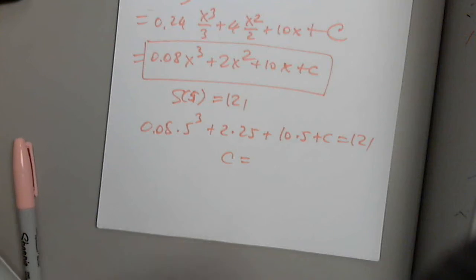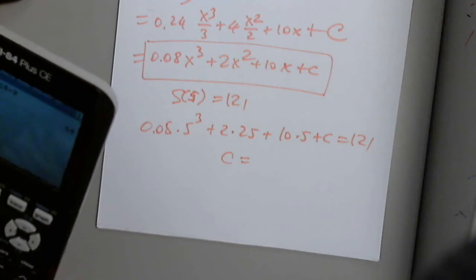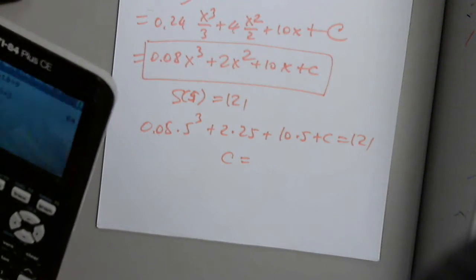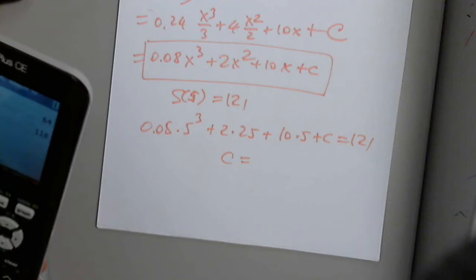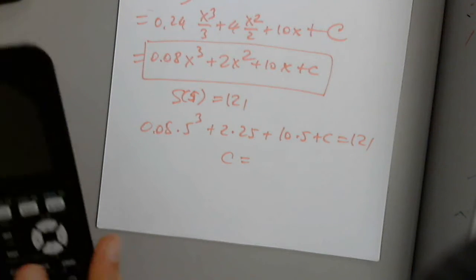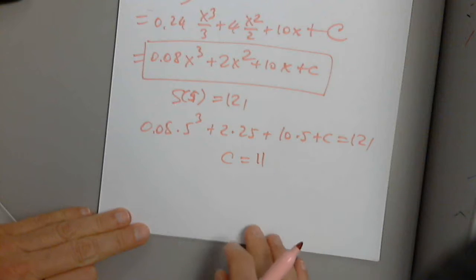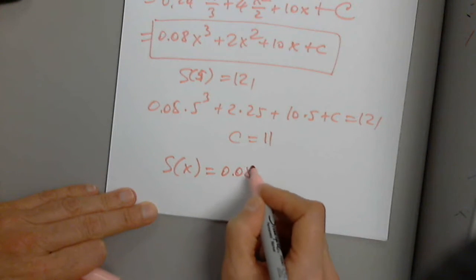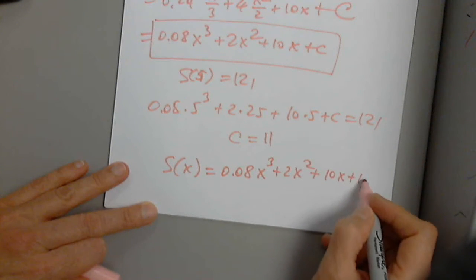So we have 0.08 multiplied by 125 plus 50 plus another 50, and this will be subtracted from 121. So 121 minus that, and I got 11. So then c equals 11. So the true function is 0.08x cubed plus 2x squared plus 10x plus 11.